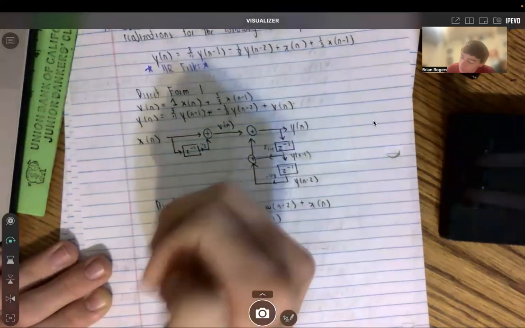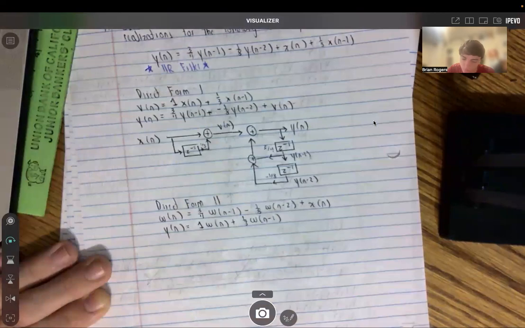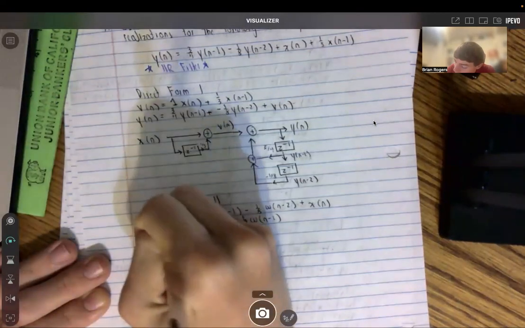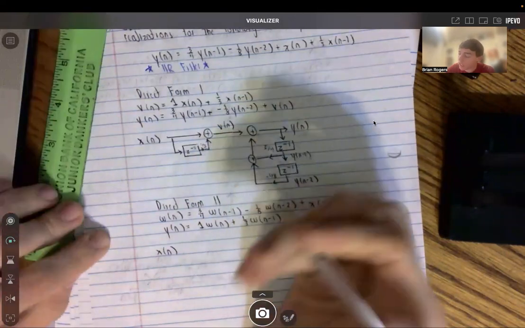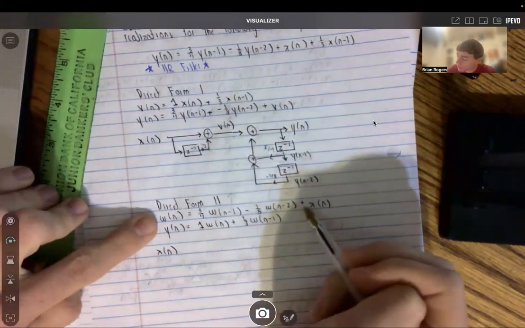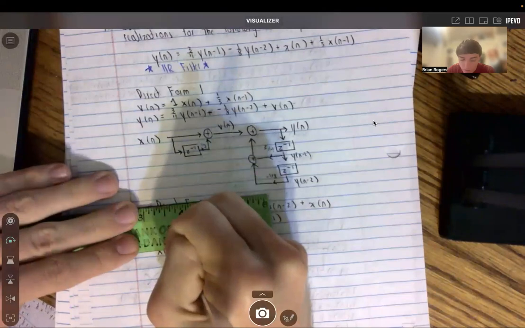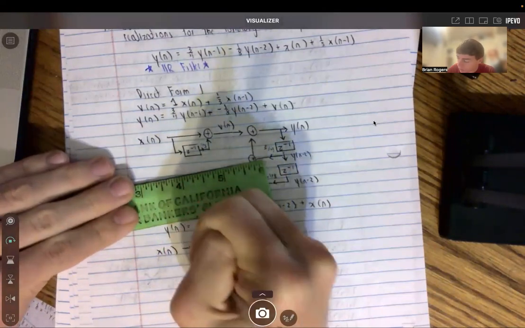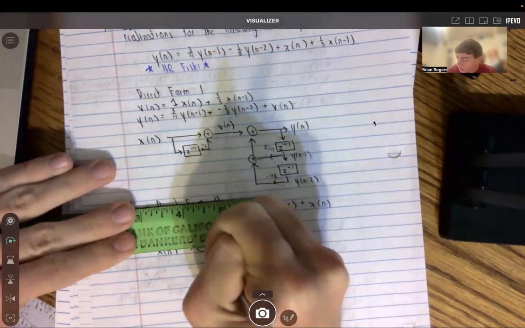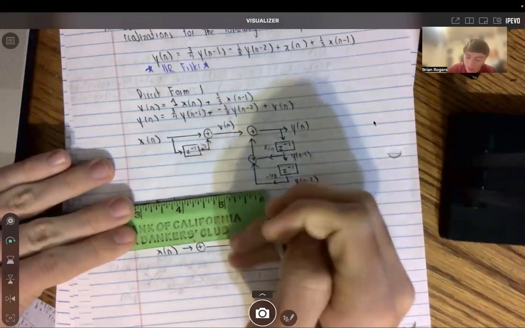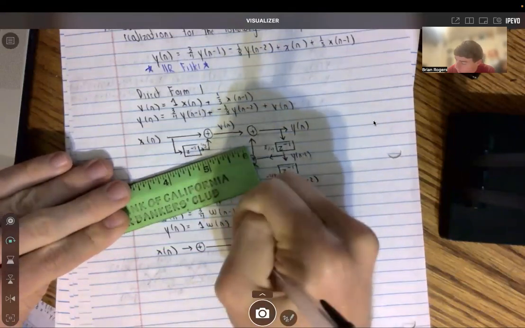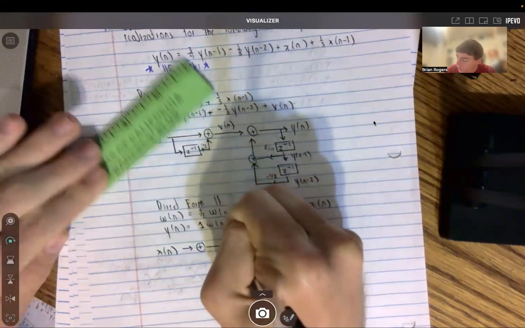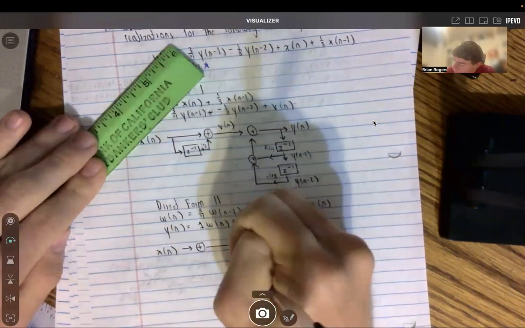And then we're going to make our input here x of n, and our intermediate step is going to be our omega n. To form the omega n, we see that it takes x of n as one of the inputs, and it's going to have to run through 2 delays.